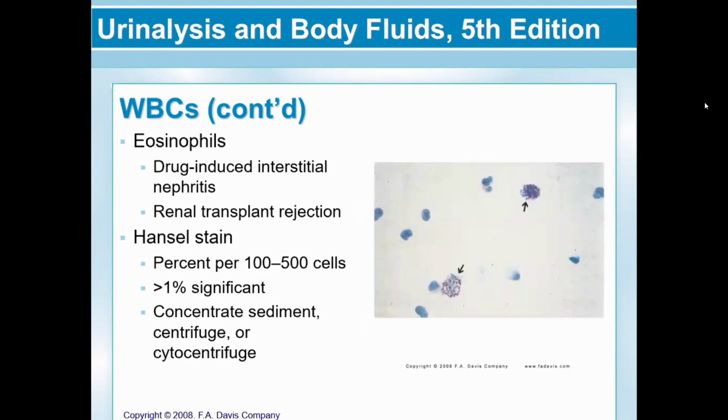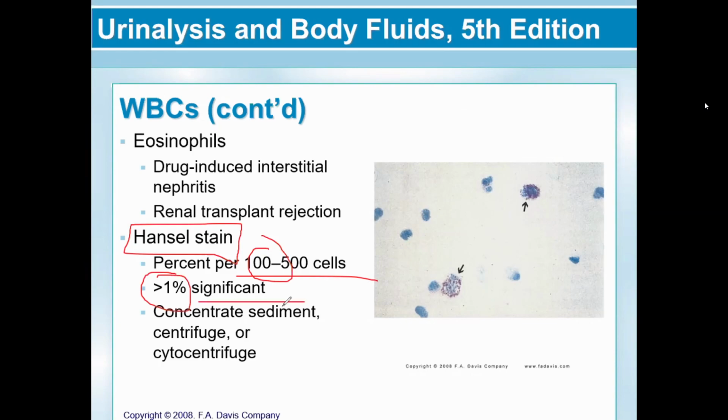So next, we have your eosinophils. Where do we see these? We mentioned last time, right? In the Hansel stain. So we use the Hansel stain to stain your eosinophils, which are usually considered significant when present in a population of greater than 1% of 100 to 500 cells. For example, you counted 100 cells and in those 100 cells you saw at least 2 eosinophils, then we can consider that result significant.